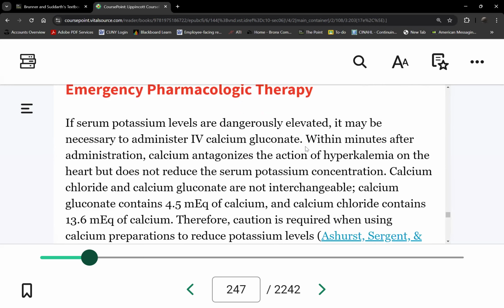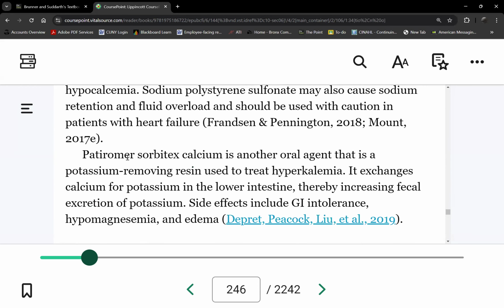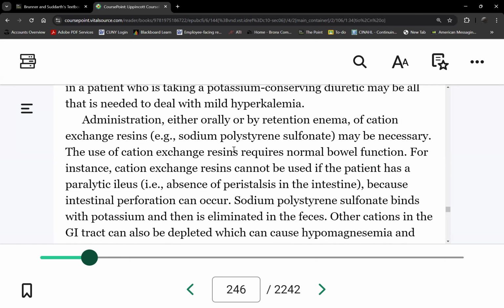Now for acute hyperkalemia, meaning moderate to severe, can we still do this? Yes, but the problem with the oral or enema route is it takes 2 hours to begin working. I repeat, SPS and this patiromer take 2 hours to see effects.